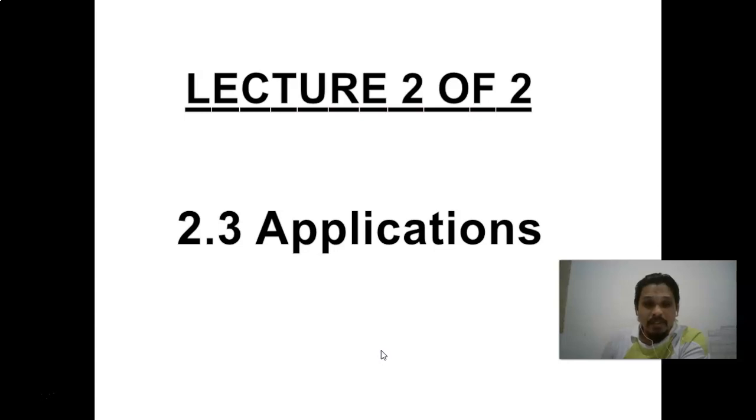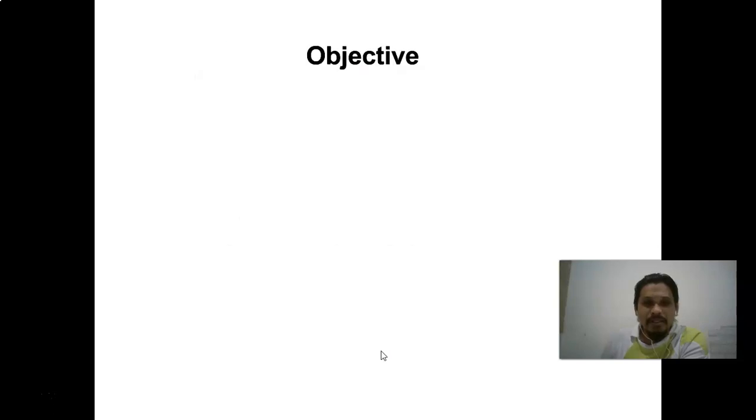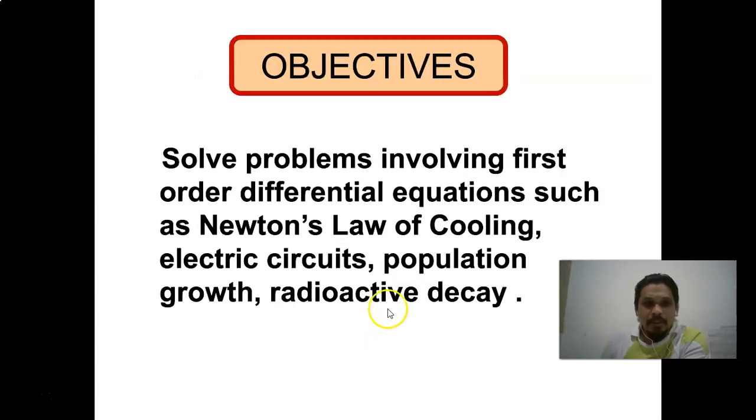Now we're going to see how both of the methods are being used in our daily life, to solve problems involving first order differential equations such as Newton's law of cooling, electric circuits, population growth, and radioactive decay.